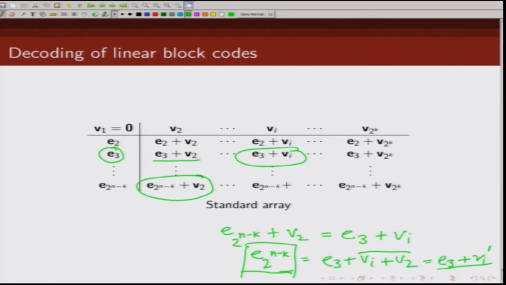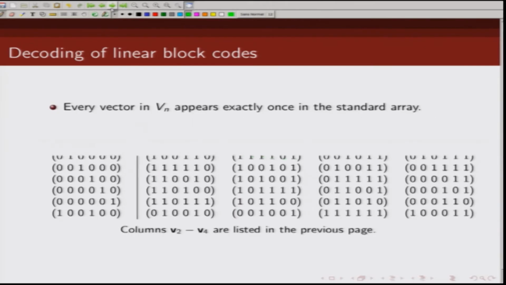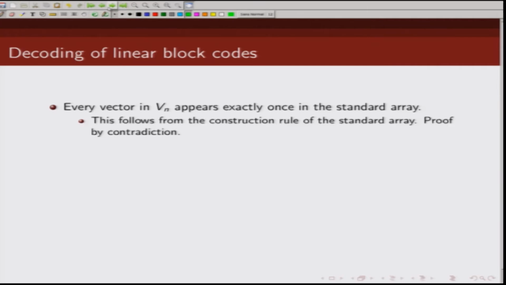We could not choose e_{2^{n-k}} as this, because this has already appeared. Hence, this condition that these two elements are same is incorrect. Okay. So, all the elements of this standard array are distinct and they appear exactly once.